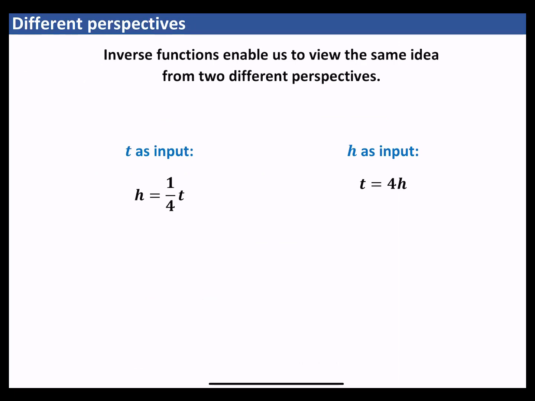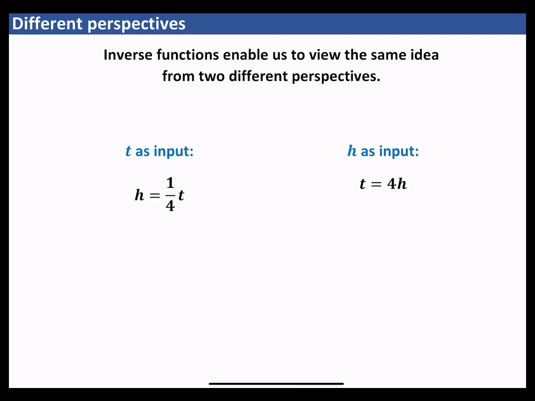One of the most important lessons to learn about inverse functions, when they exist, is that they enable us to view the same idea from two different perspectives. For instance, consider the algebraic equations h equals 1/4 t and t equals 4h. The first expresses h as a function of t, while the second expresses t as a function of h.